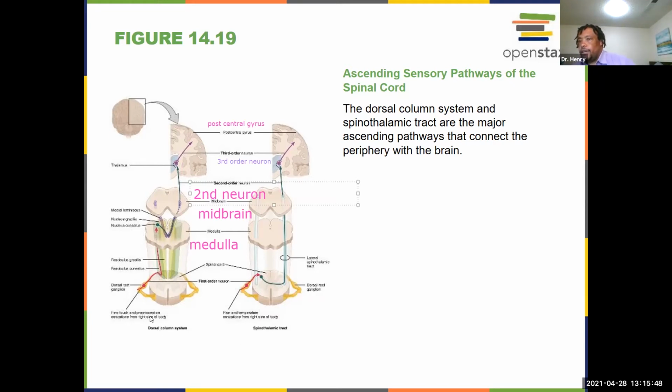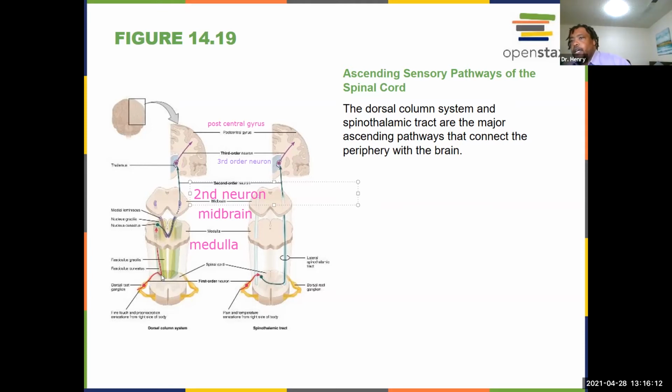In the case of the dorsal system, if we get a touch, a very fine touch, it's going to trigger an impulse going from a dorsal root ganglion. There's a synapse attached to that first order neuron.